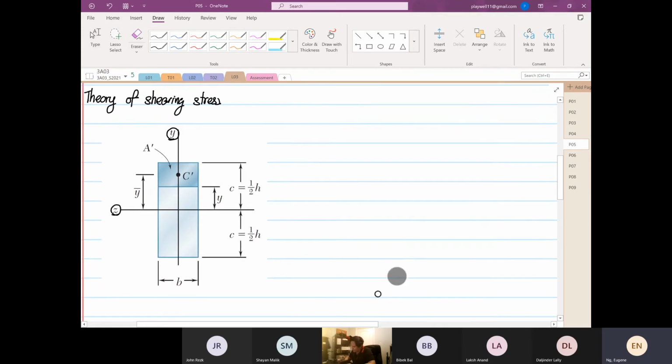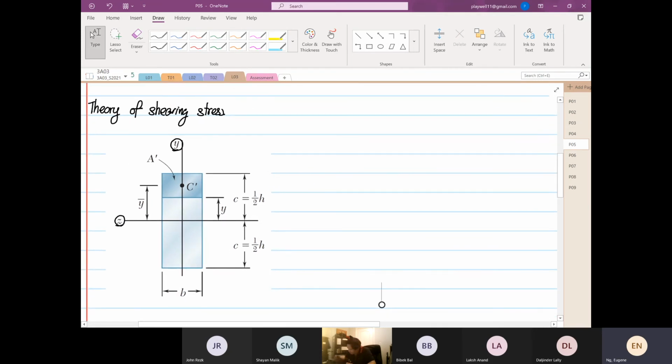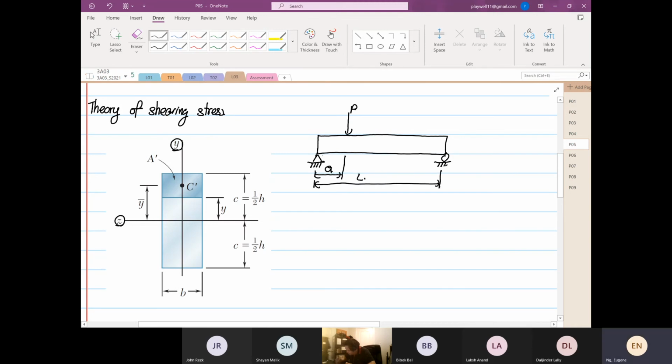This is just an example: if we have a beam that is simply supported, with a certain load applied at point P, the distance from here to here is A, and the distance from here to here is L. I'll call it point D, and point E, and this is our point F. If I were to draw a transformation, this is our X, Y, and this is our rotation Z, so you know where we're looking.